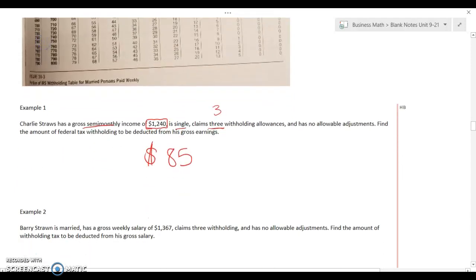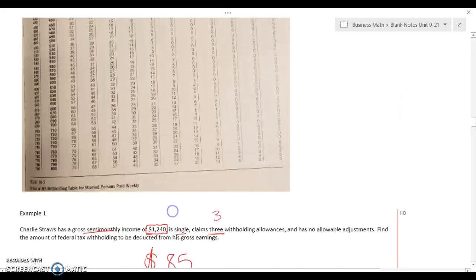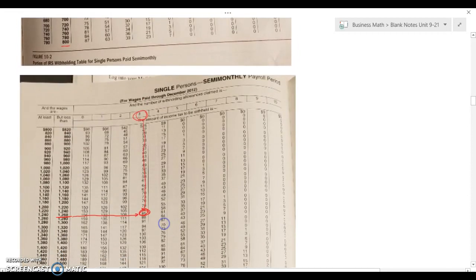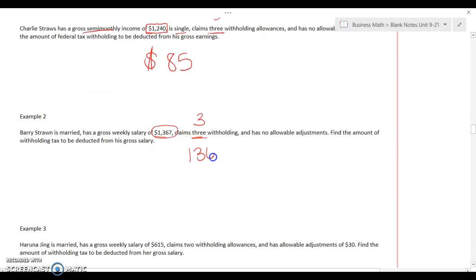Next person, Barry Strawn, married. So we're using a different table. And he gets paid $1,367 and also claims 3. I would use this table here for married and find the $1,367, which actually falls between $1,360 and less than $1,370.